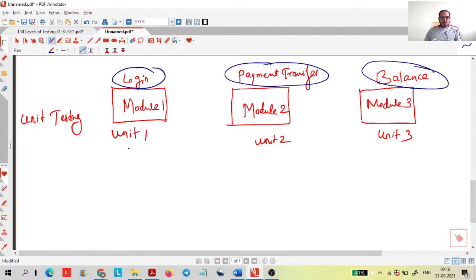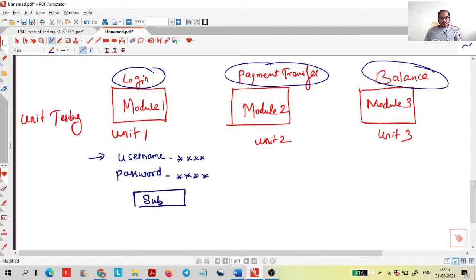In this particular unit testing, what are the functionalities? Login functionality means providing the username and password. We are testing whether, by using this username and password, the login is successful on submit, that is, whether the particular module is working properly.